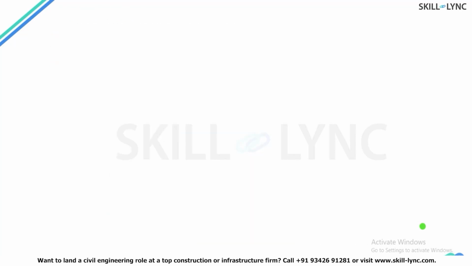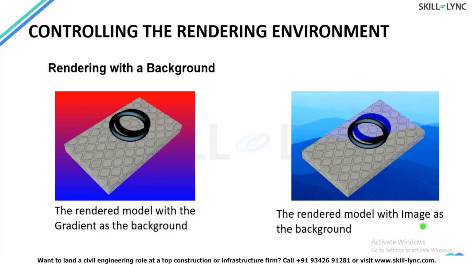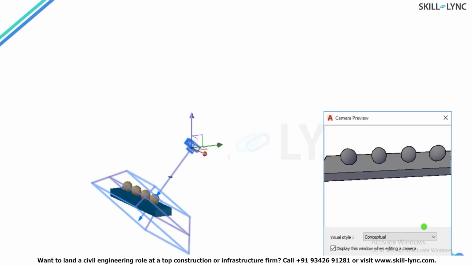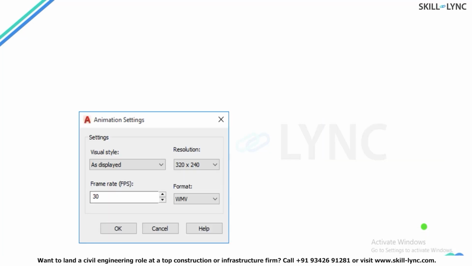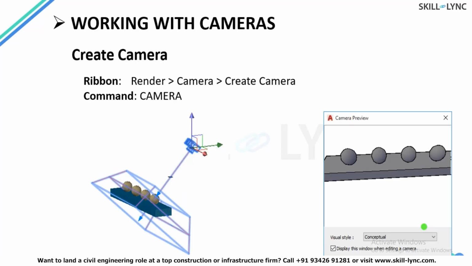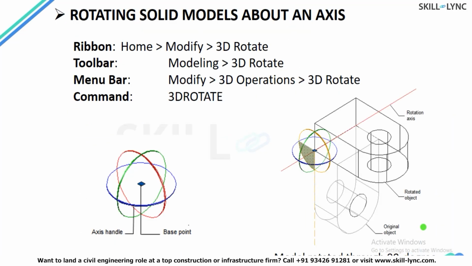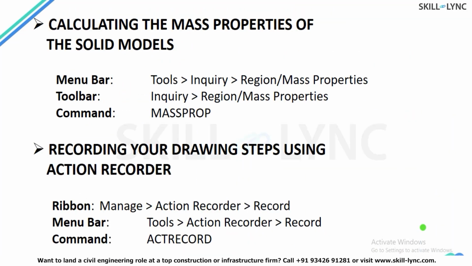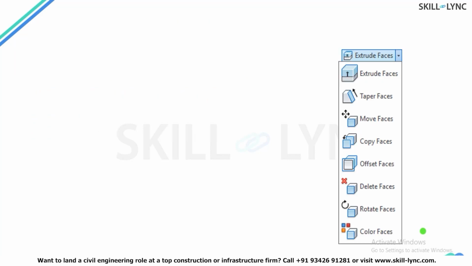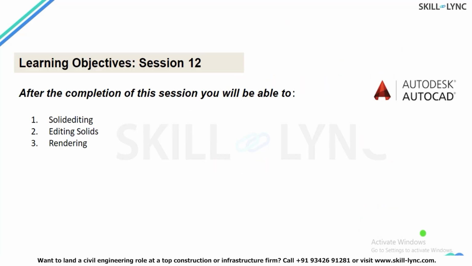And then going forward, we will be talking about how lights can be added to a 3D model or a scene, how cameras can be used, and how we can create animation out of it. So these are the topics that will be discussed here, along with a project that we will be doing to illustrate the application of all these tools.